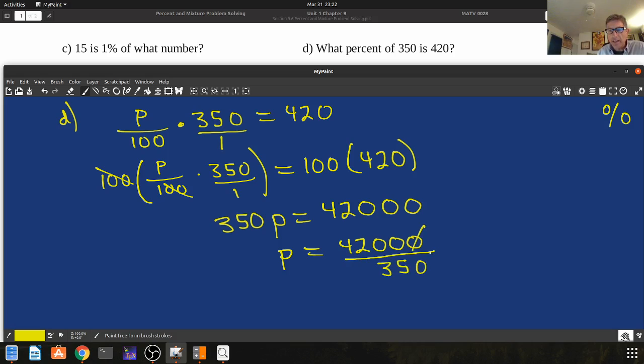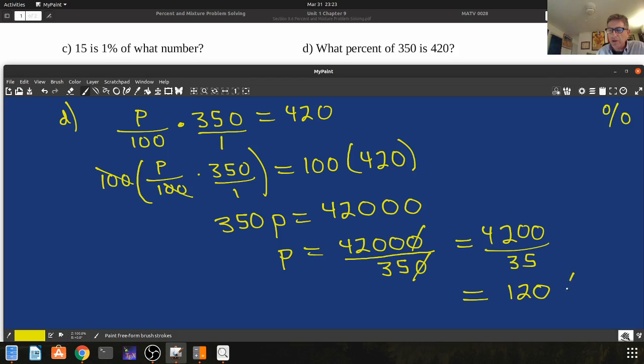Again, I can take off 2 zeros immediately, so I just have to divide 4,200 by 35. And when you do that, I've already worked this out, you're going to get an answer of 120.